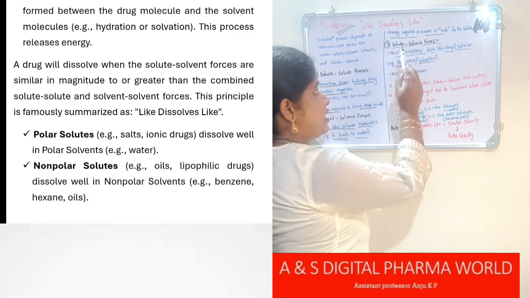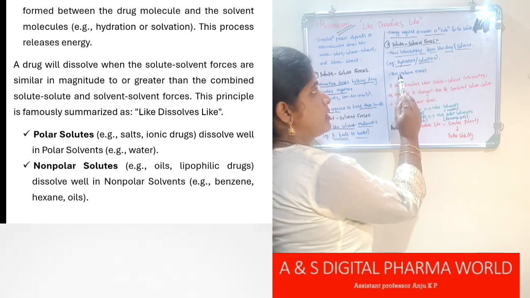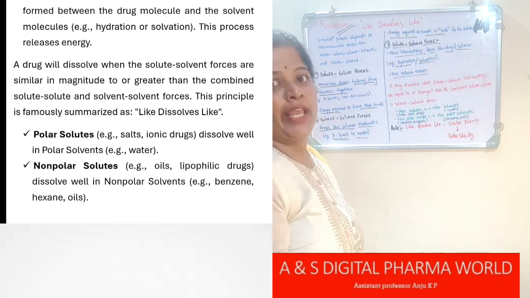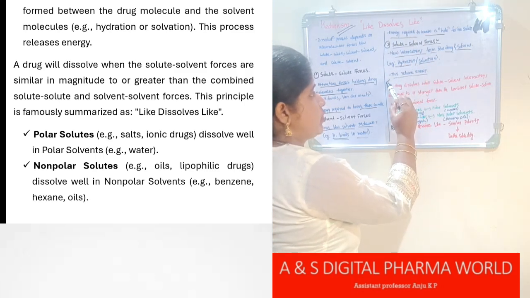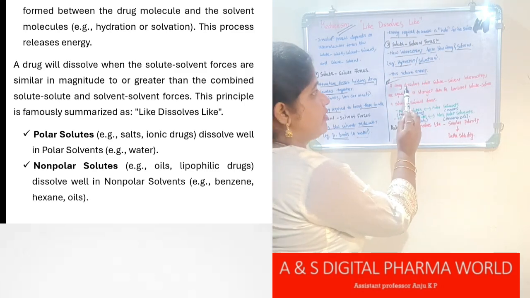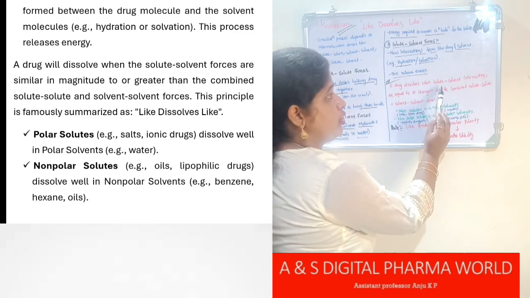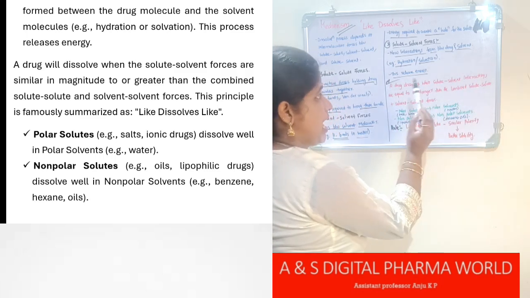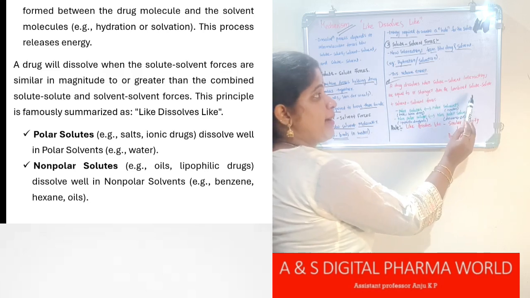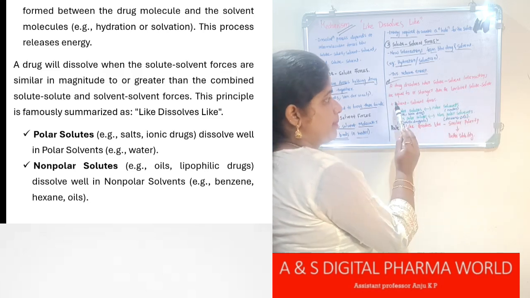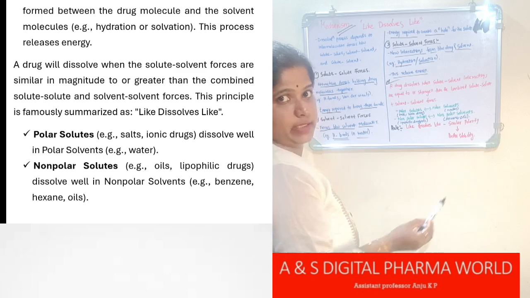The solute solvent forces will release the energy. So the mechanism which you have to remember is a drug dissolves when solute solvent interactions are equal to or stronger than the combined solute solute plus solvent solvent forces.